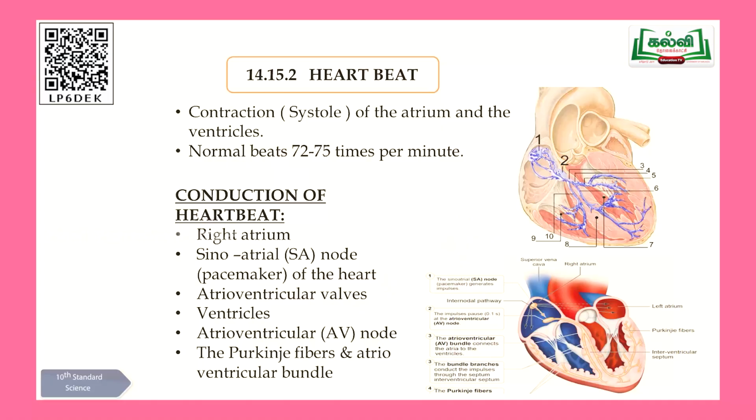When you talk about the normal heartbeat, I have just given here some of the points, what is actually happening. In the next paragraph you can see very clearly, children, very beautifully it is given in our textbook, how the heartbeat originates and how it is conducted to the entire surface of the ventricle. First, as I told you, you can see the diagram where blue color lines are labeled.